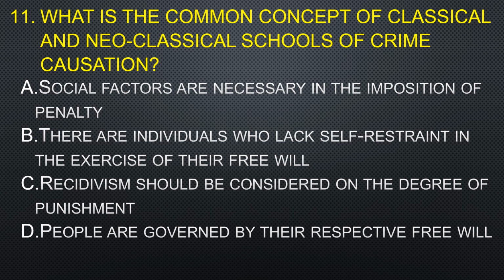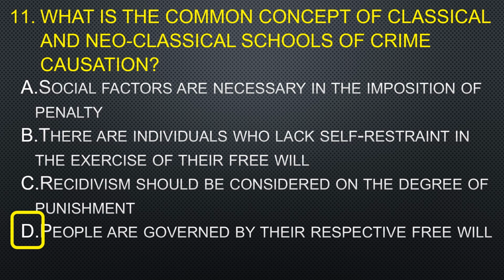What is the common concept of classical and neoclassical schools of crime causation? So the common concept is that both of them agree on that matter. They agree on free will, but they do not agree on the social factors, because in classical, those social factors are not considered.